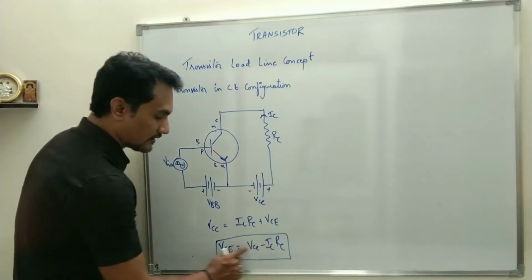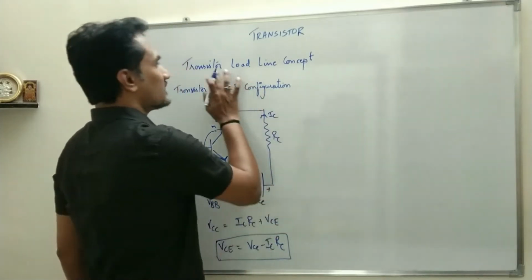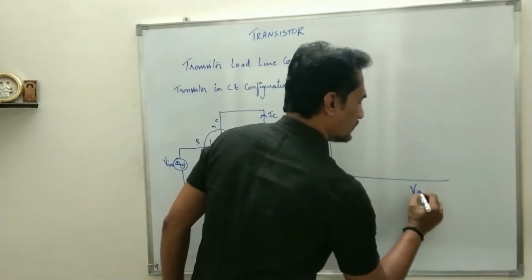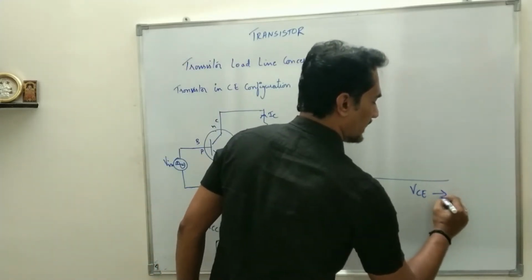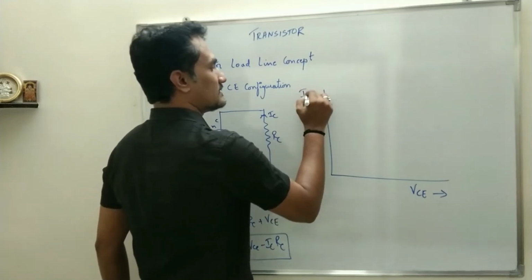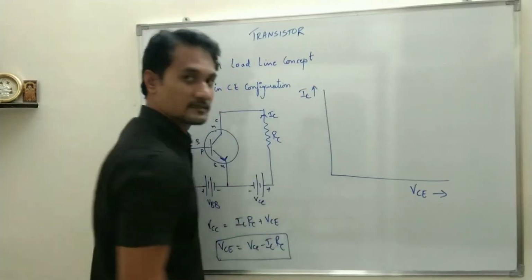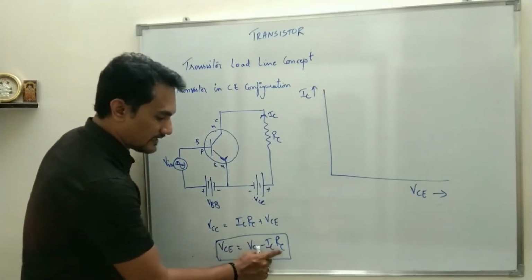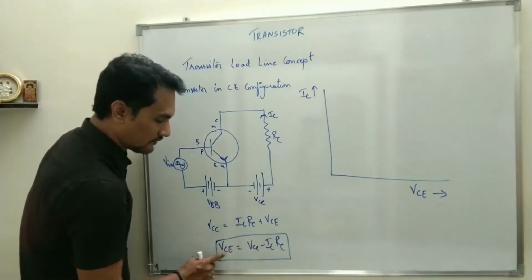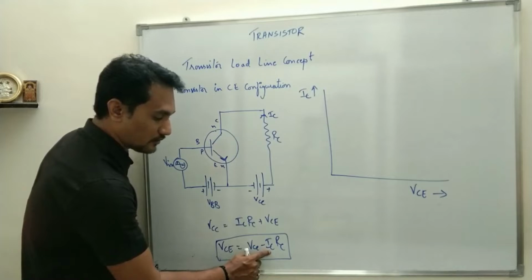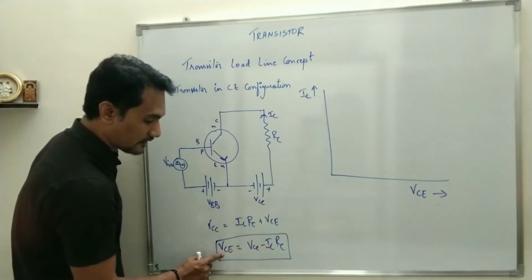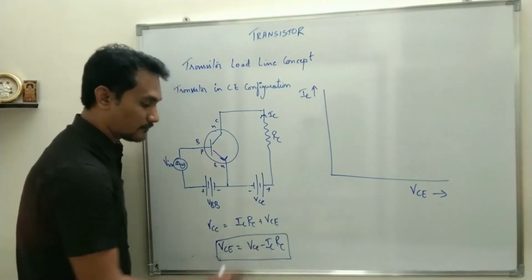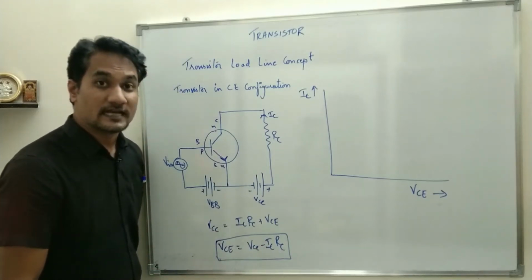To understand the transistor load line concept, we draw a graph between VCE on the x-axis and IC on the y-axis. As VCC and RC are constant, any change in IC will produce a corresponding change in VCE and vice versa.